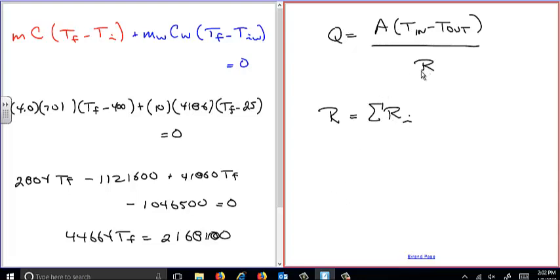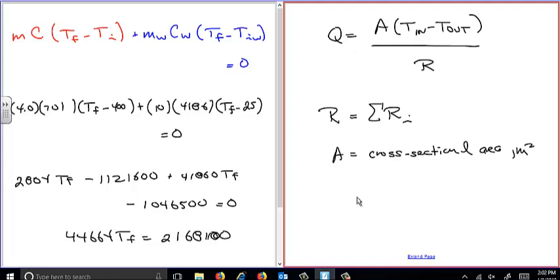So you just add those together. A is the cross-sectional area, in meters squared. And again, because we're dealing with temperature difference, it doesn't matter whether we use Kelvin or C, and most likely we're going to be dealing with degrees C.